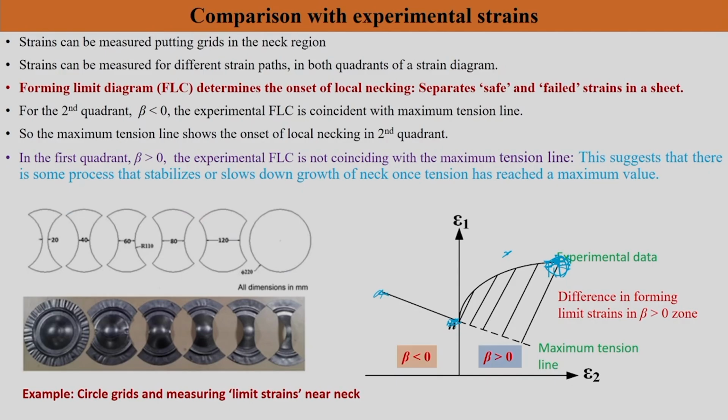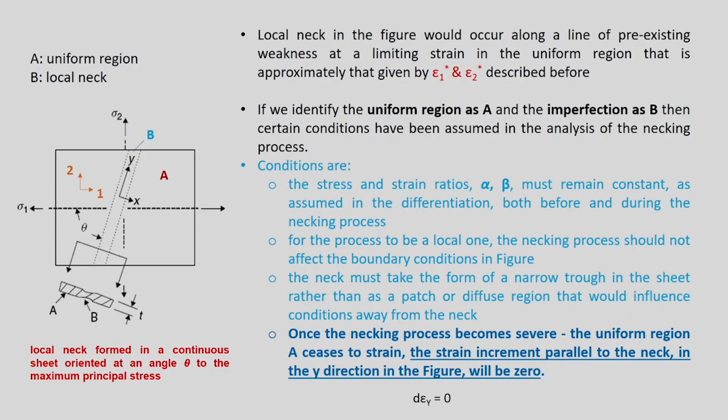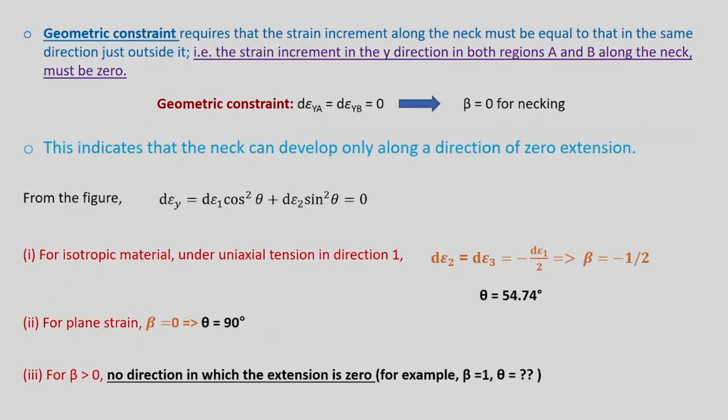That means there is some definite theta. This theta actually defines the angle. The B region being your neck region, the direction of that along y is going to define the direction of 0 extension. This theta is something we are going to calculate here.